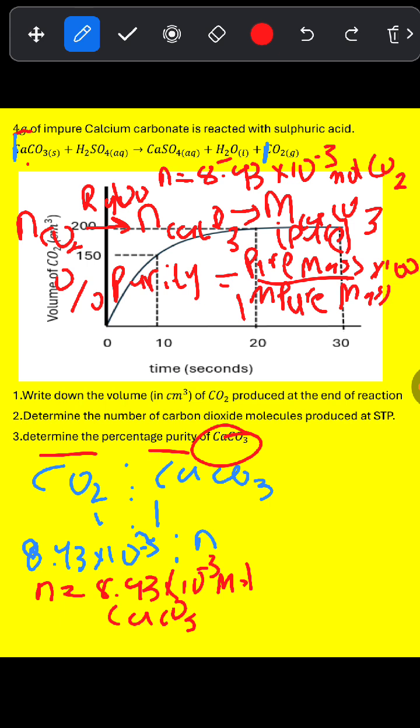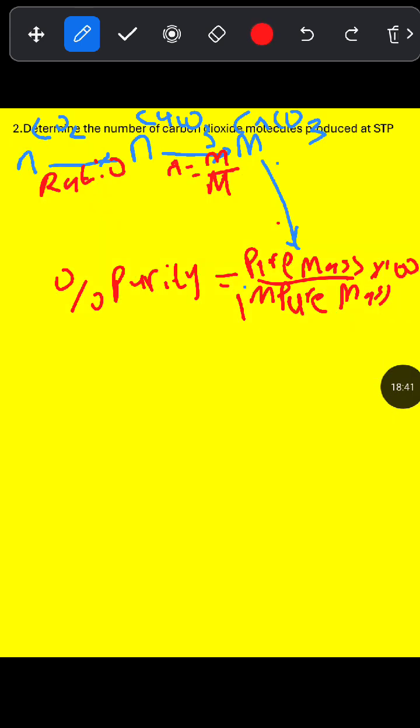Right. Now I got the number of moles of calcium carbonate. The next thing is to get the mass of calcium carbonate. So we said our procedure is as follows.